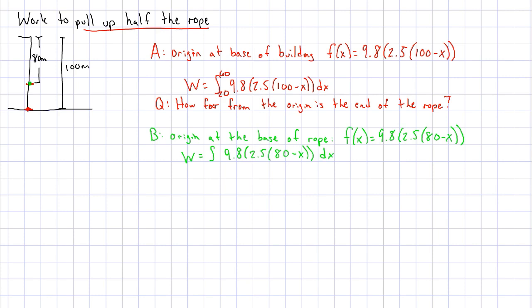Now I'm standing at the base of the rope. So when they first start pulling, the end of the rope, how far am I from the end of the rope? Well, it's 0. It's right where I am. They're going to pull it up 40 meters, and so at the end of the pull, it will be 40 meters away from me. So it will be 0 to 40. Those two are pretty straightforward. Scenario C is the one that does get a little tricky. So this is the origin at the top of the building.